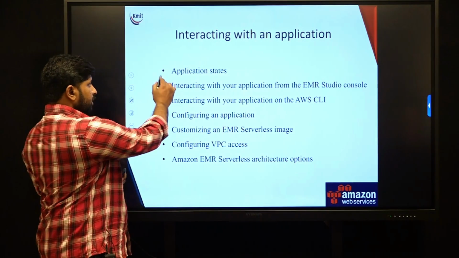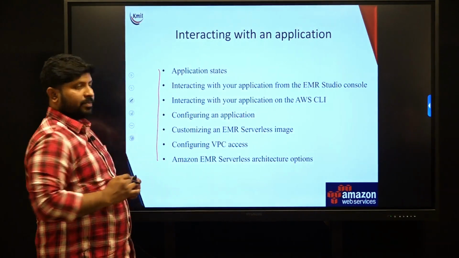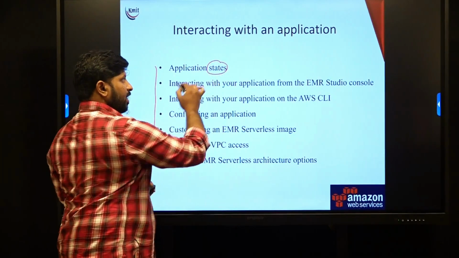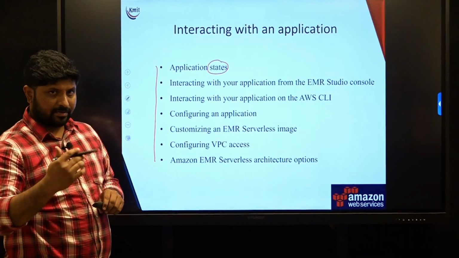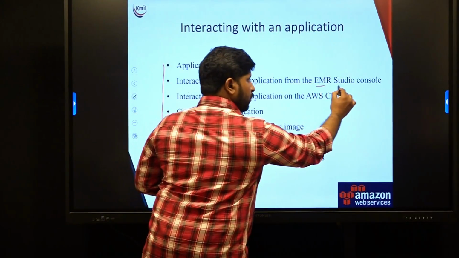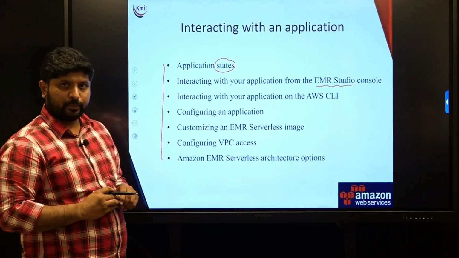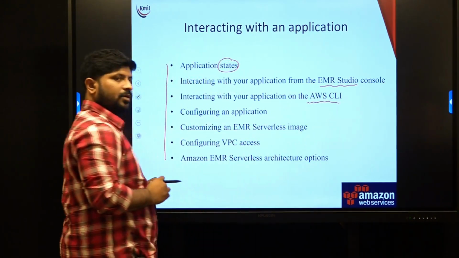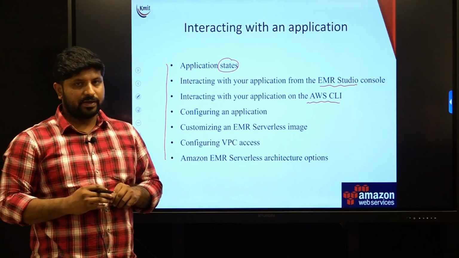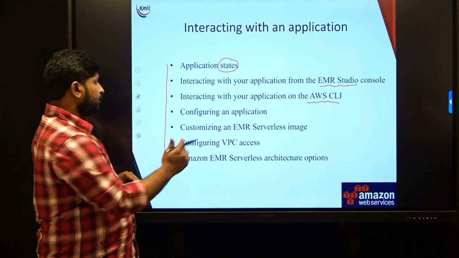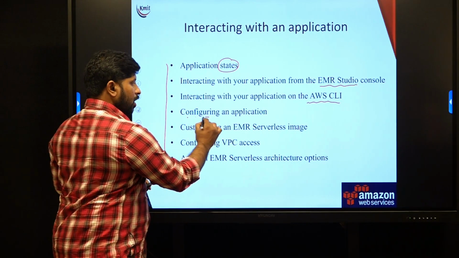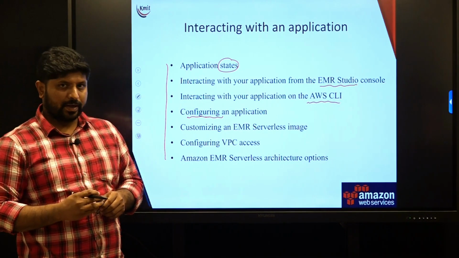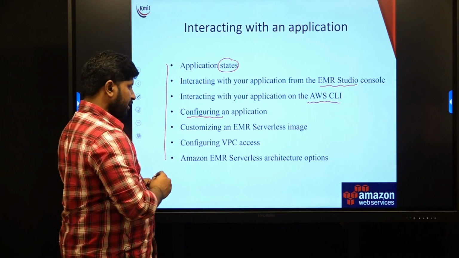So, all these are the topics which we are going to cover, starting with what are the various states of an application, then while interacting with EMR Studio, what we can do. At the same time, when we interact with our application using AWS CLI, what are the various functionalities we can perform. Then what things we can change when we are deploying an application, that means configuring.